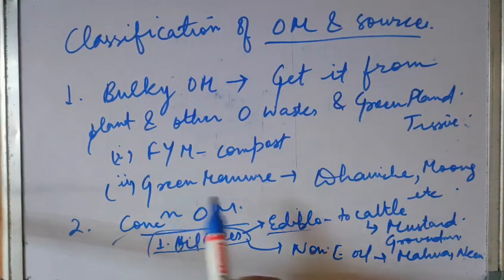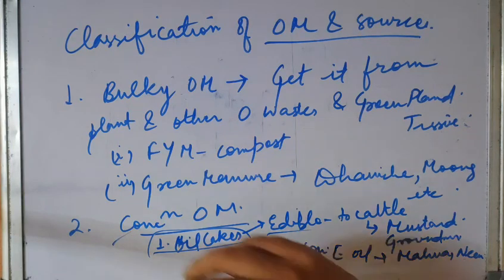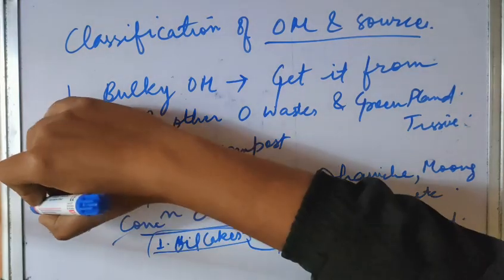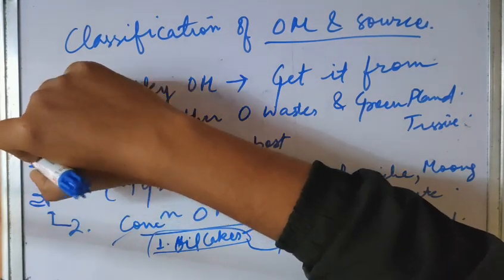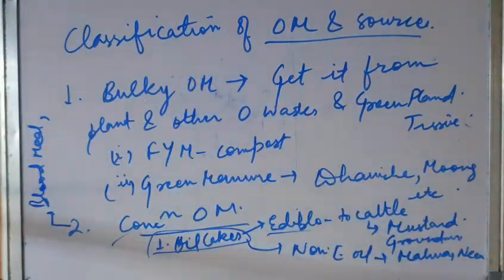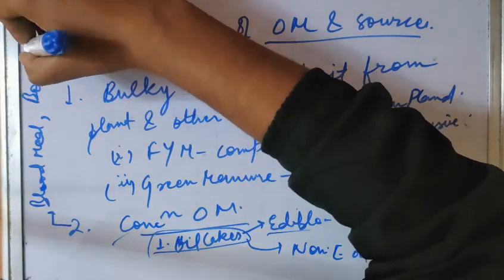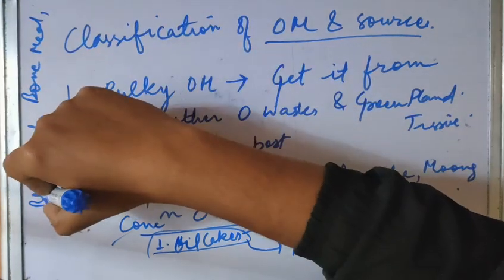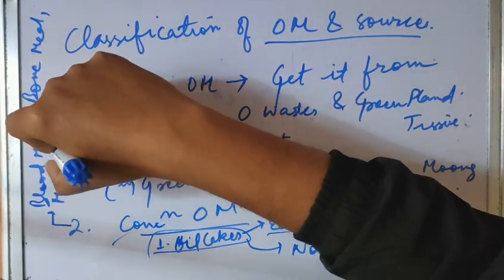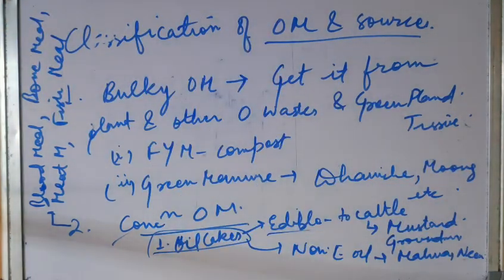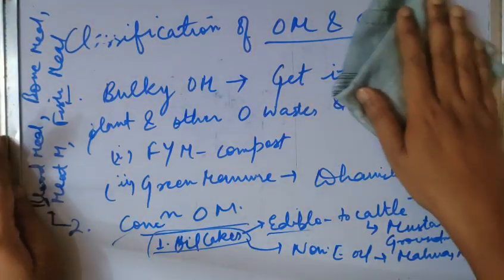Hope you all understand. And other concentrated manures are blood meal, bone meal, meat meal, fish meal, etc. These are concentrated organic manure. Hope you all understand it.